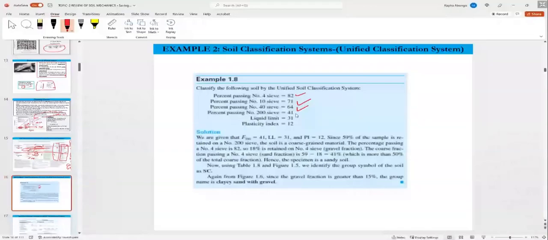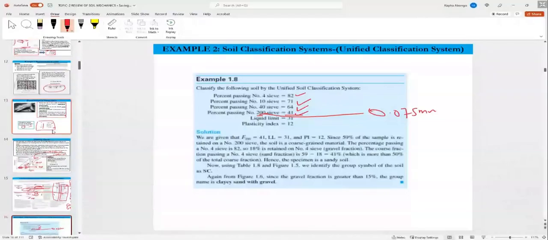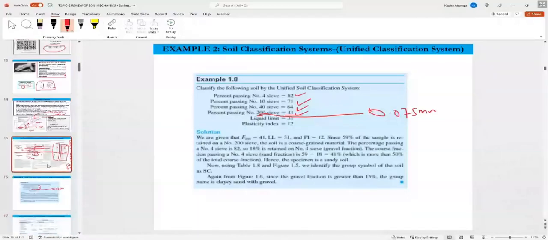Number 200 sieve is 0.075. So 41% passing, which means 59% is retained. More than 50% is retained. Let's go back to this chart.